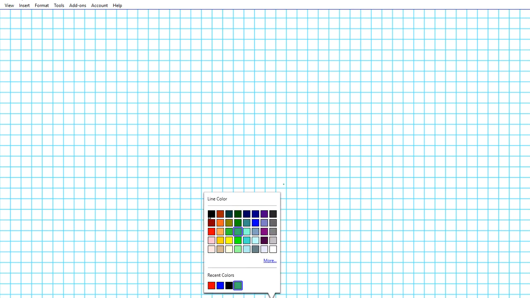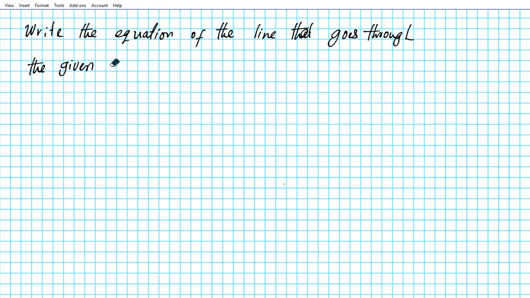The instructions for this presentation are as follows. We're to write the equation of the line that goes through the given points in 2 forms.